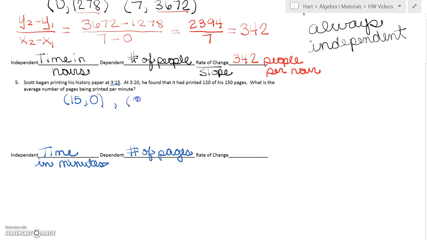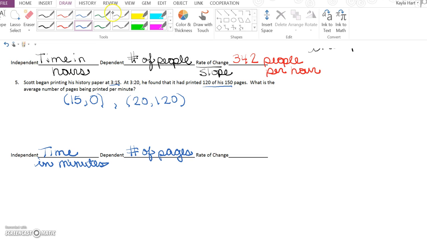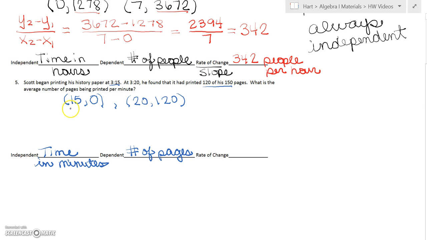And then at 20 minutes, he's got 120 finished. So now we label our points: x1, y1, x2, y2.